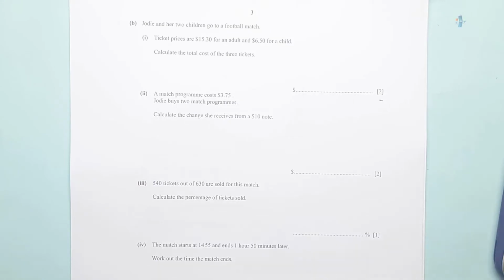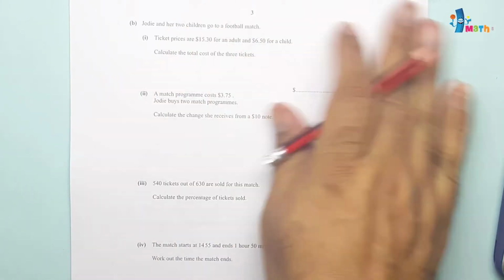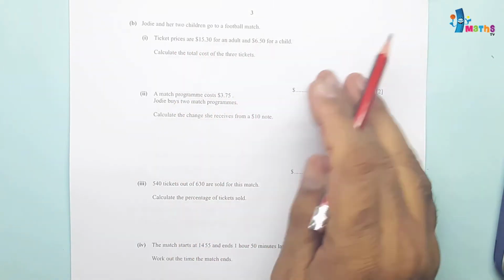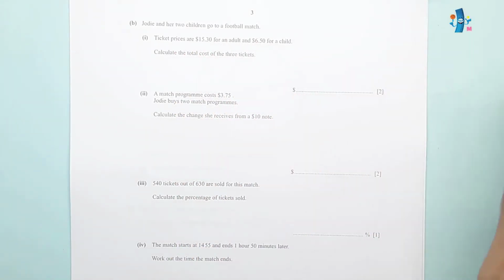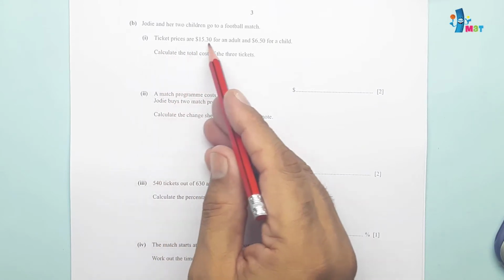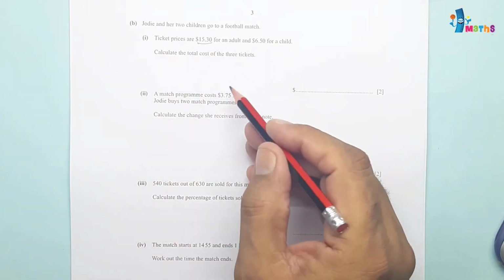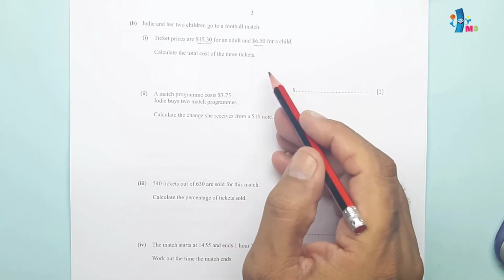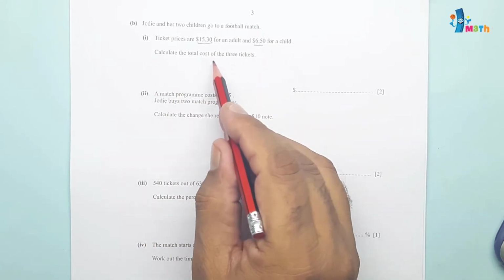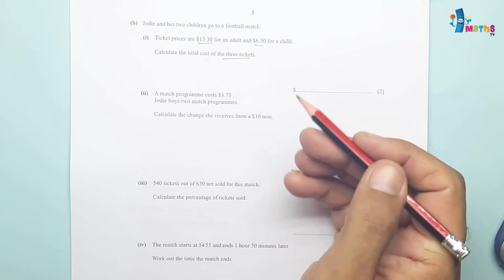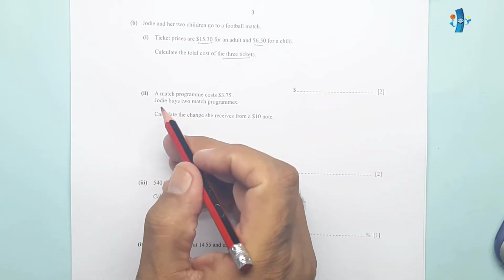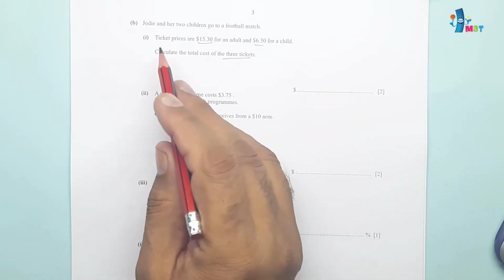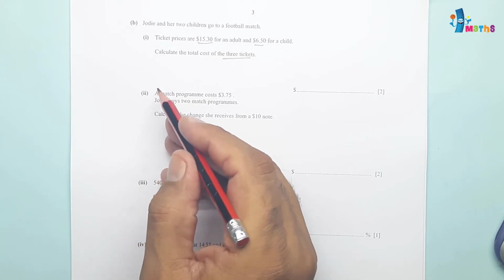Question number 1b part. Jodi and her 2 children go to a football match. Ticket prices are $15.30 for an adult and $6.50 for a child. Calculate the total cost of 3 tickets. So 2 are child and 1 for adult.